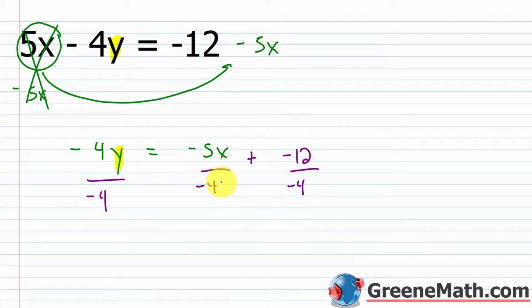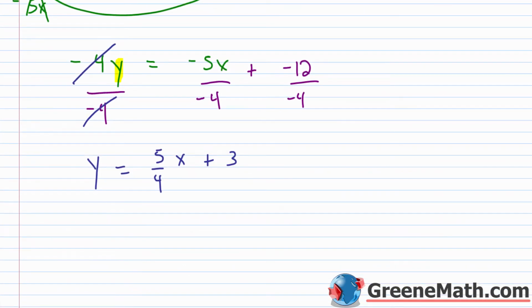So that's going to make it obvious what I need to simplify to here. This will cancel with this, and I have y. And this equals -5 over -4. Can't really do anything with that, but I'm going to write 5/4 because I know the negative over negative will be positive. So 5/4 x, and then -12 over -4, I can write that as 3. So plus 3.